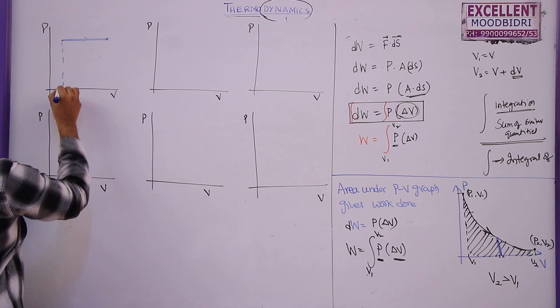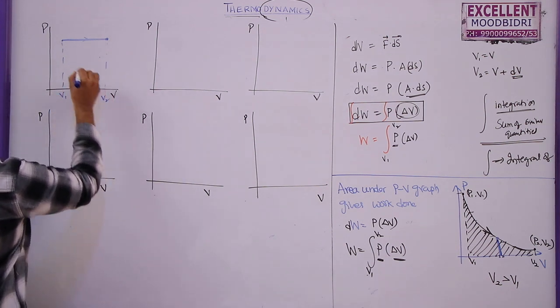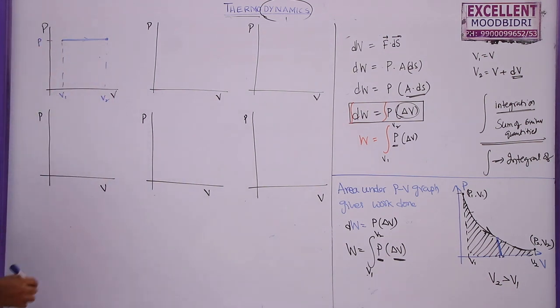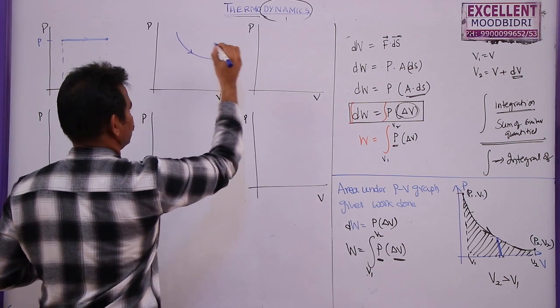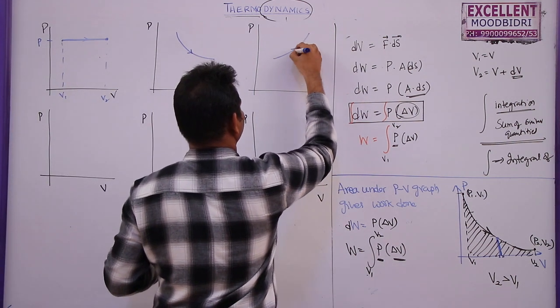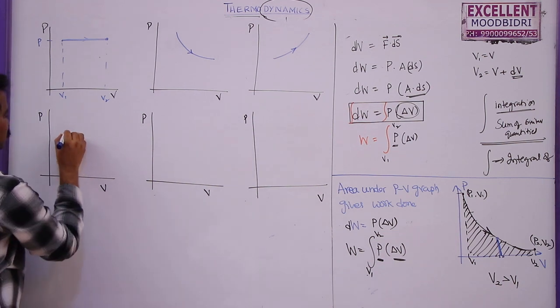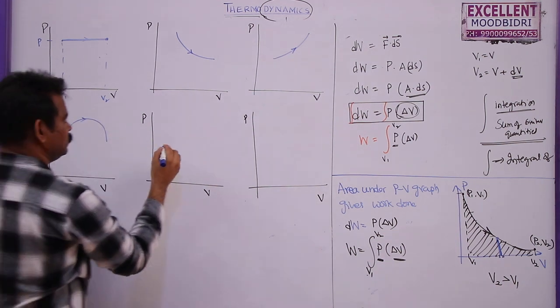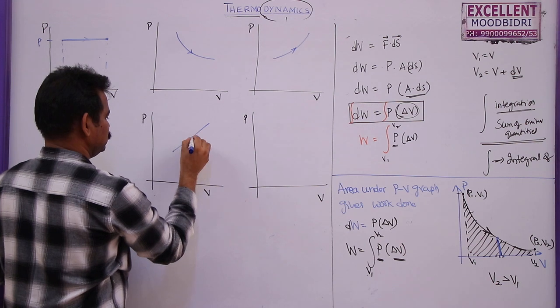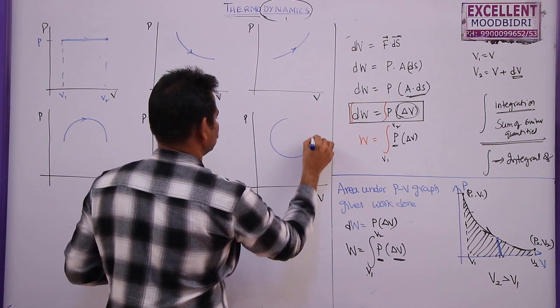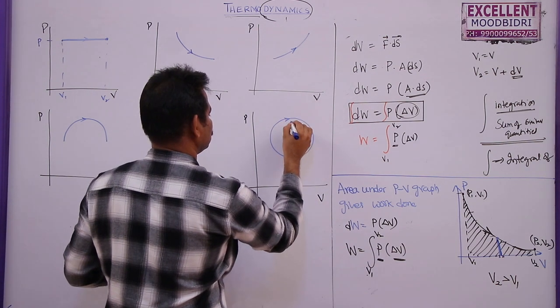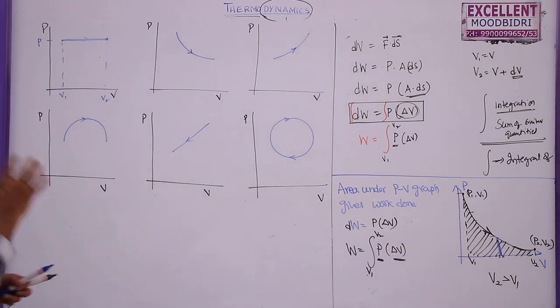Here the initial volume is V1, the final volume is V2, but the pressure remains constant. So what is the work done under this graph? Let me draw some graphs here. These are the different graphs for which we find the work done.